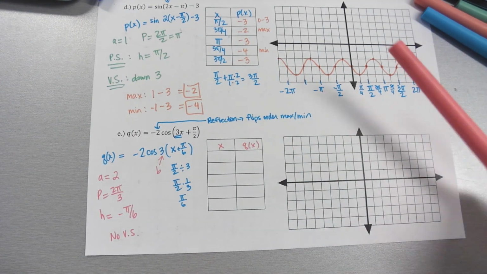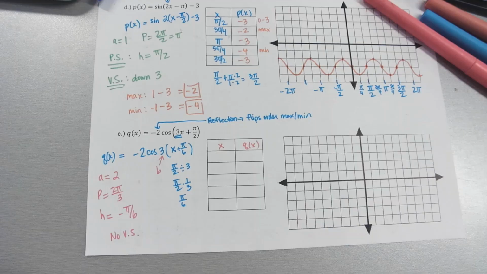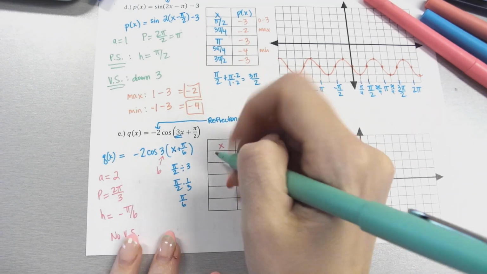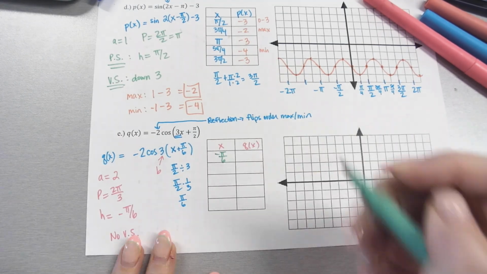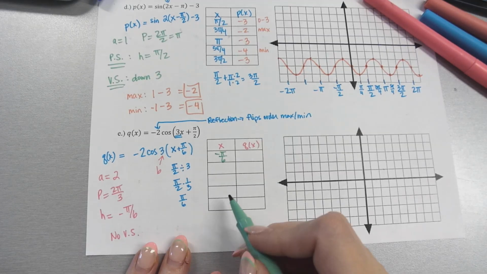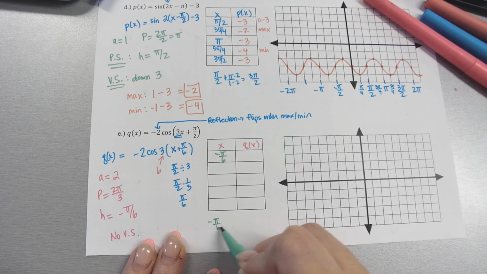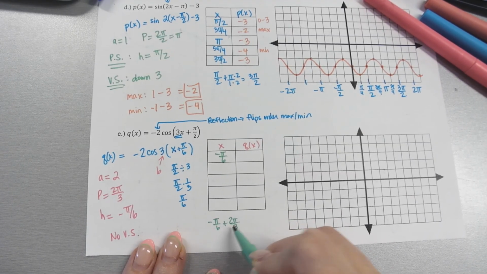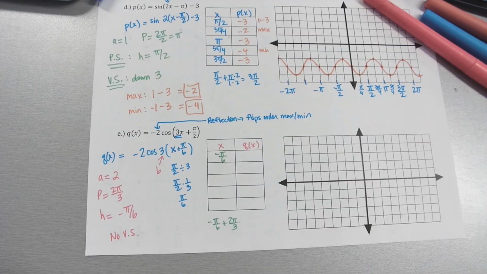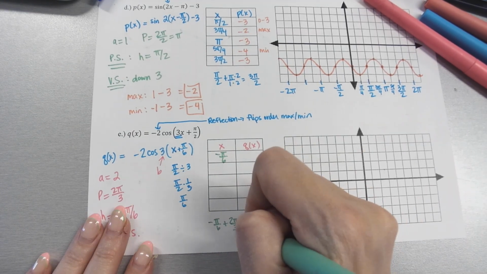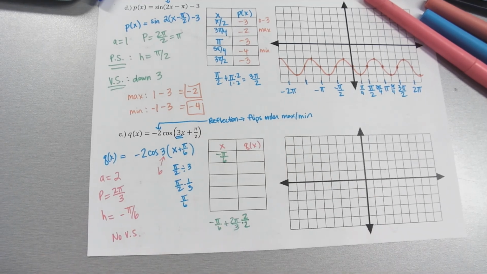All right, so we always just start with that h value. So we're going to start with negative pi over 6. And then to find the last one, we always take that and add it to the period. If you're doing negative pi over 6 plus 2 pi over 3, I do recommend getting the common denominator.